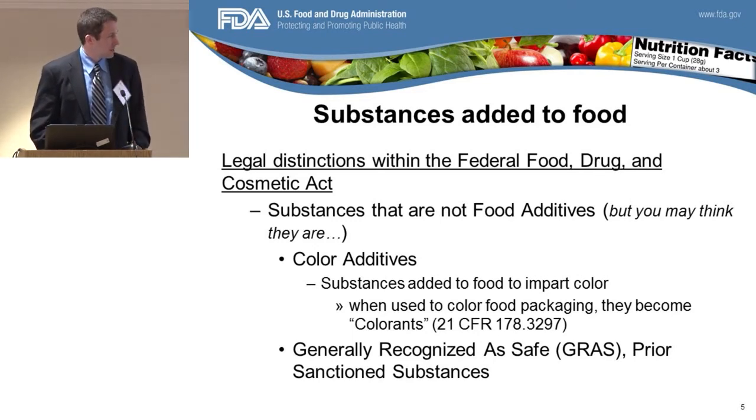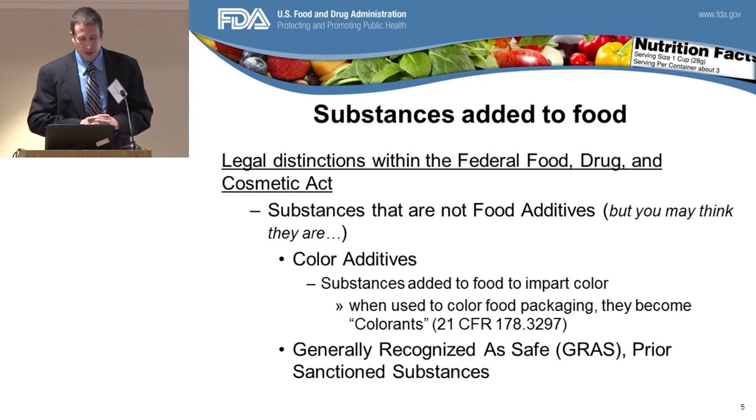It's a little esoteric part of the law, but that is something that's useful to know, because many of FDA's regulations, for example, the Code of Federal Regulations for colorants that are added to plastic packaging materials, allow any color additive that's allowed for use in food, you can use that to color a food packaging material.